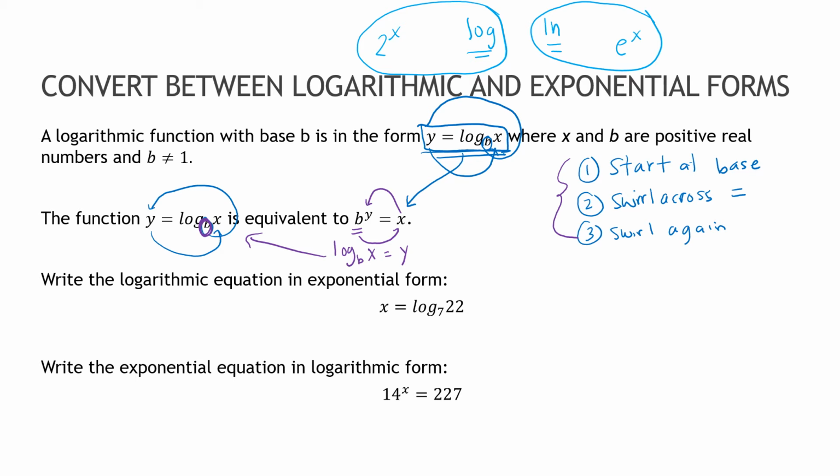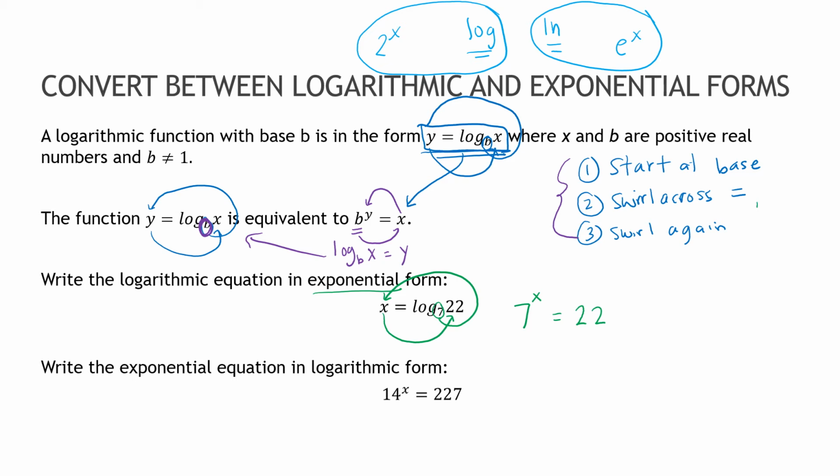So let's do two practice together, one in each direction. So if I'm starting at x equals log base 7 of 22, I always start at the base, so I'm starting at 7. I'm writing it in exponential form. So 7 is now the base of my exponential function. 7 to the x equals 22.